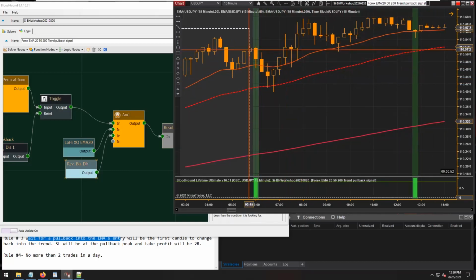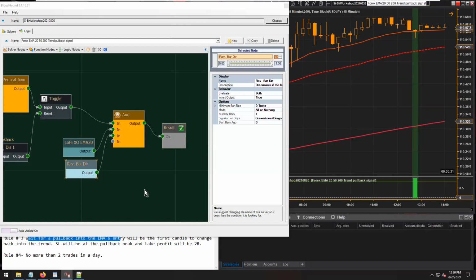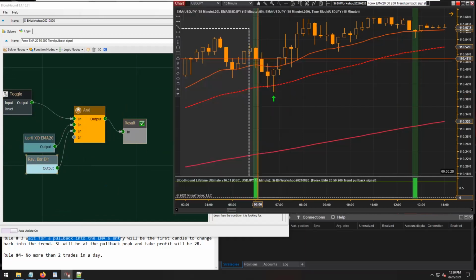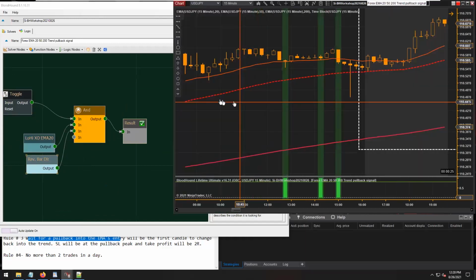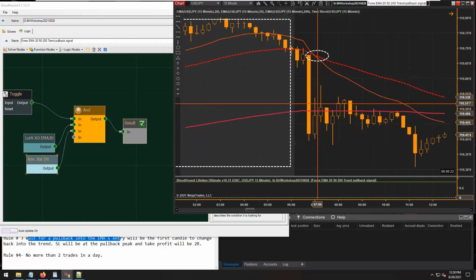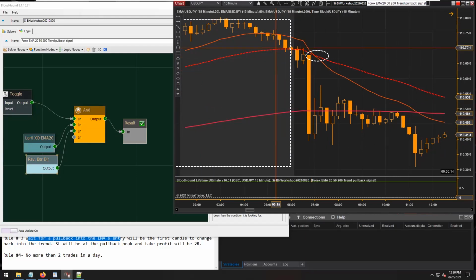All right, so basically we've identified that a pullback's occurring. And so now we need to get right to this reversal bar here. There. And we don't know how many down bars this is going to last. So especially, let's go back here. Yeah, I was hoping this would be a better example of a bunch of down bars here.